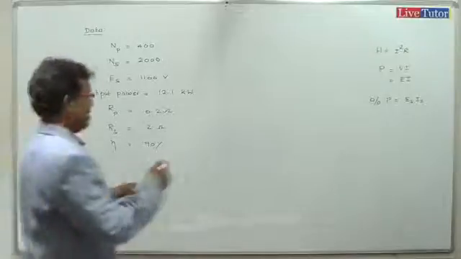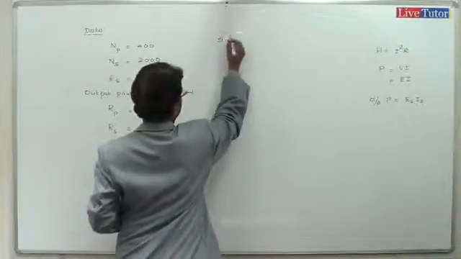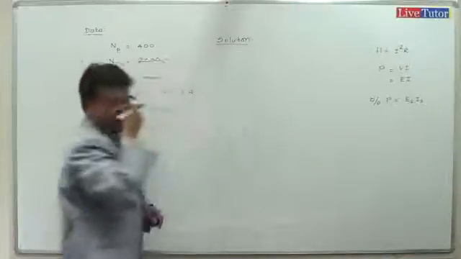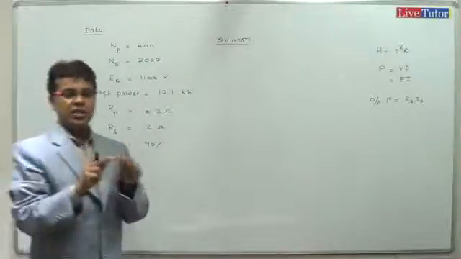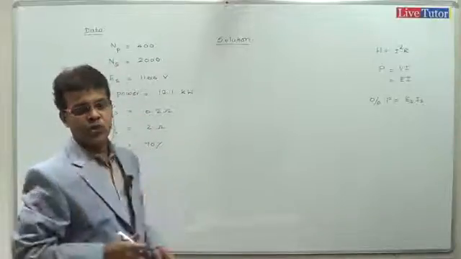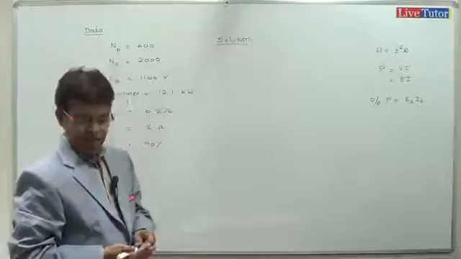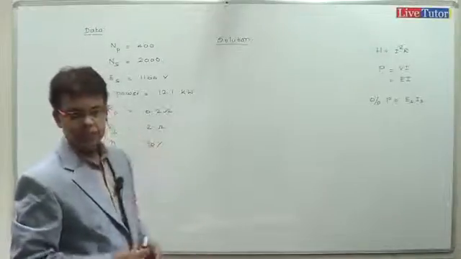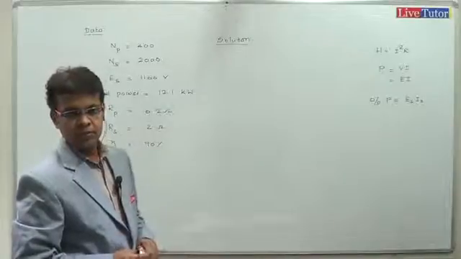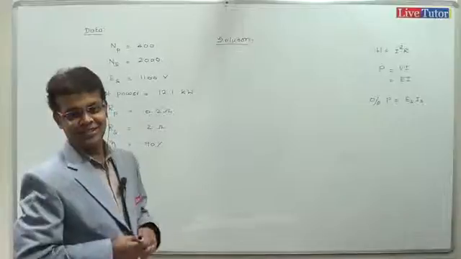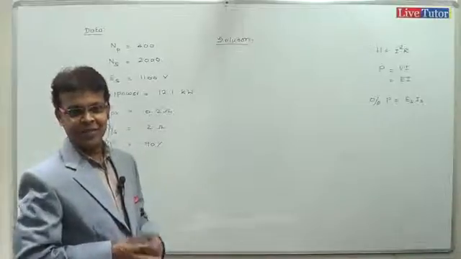Now take the solution. How to calculate that? While you were studying the transformer, I told you there is one important formula relating the transformer ratio K. Do you remember that formula? If I ask and you say "I don't know sir, you tell me sir", what can I do?